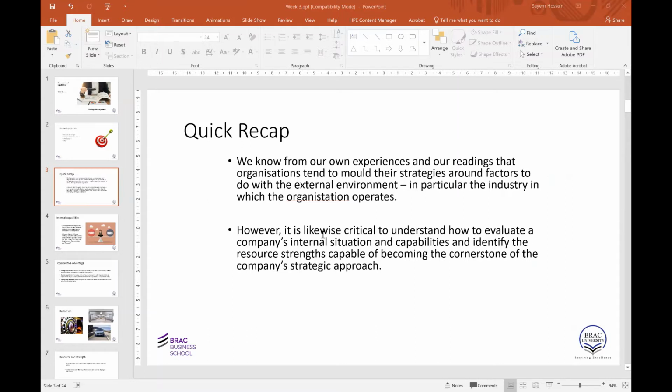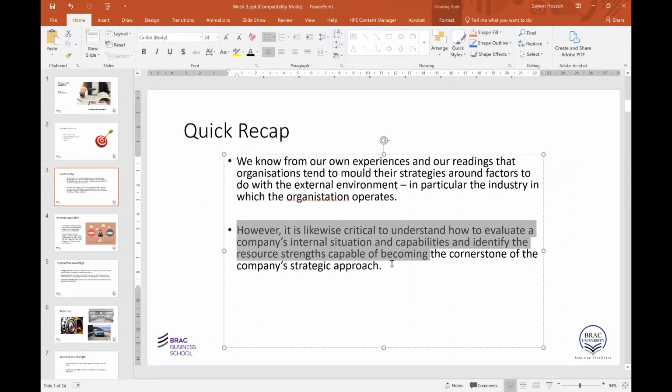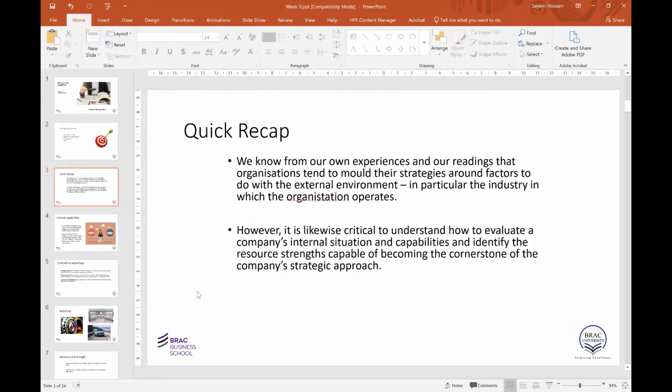However, it is likewise critical to understand how to evaluate a company's internal situation and capabilities and identify the resources and strengths capable of becoming the cornerstone of the company's strategic approach. So, simply put, you need to understand what you are good at. What are your core strengths? That's exactly what we're going to talk about.